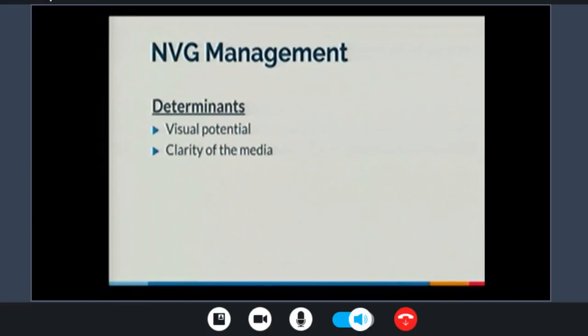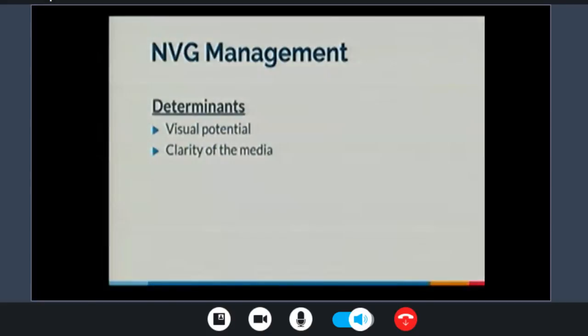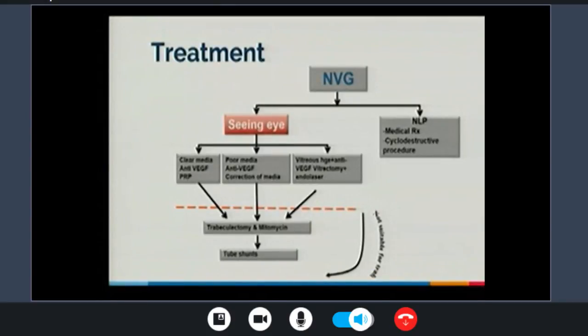Is the media clear or not? With this one, somebody also took it from me, but I did this many years ago and added some new things when anti-VEGF became available. I said, for a patient having NVG, we have to divide into two groups: either patients with no light perception, or patients with a seeing eye, regardless of what this vision is.